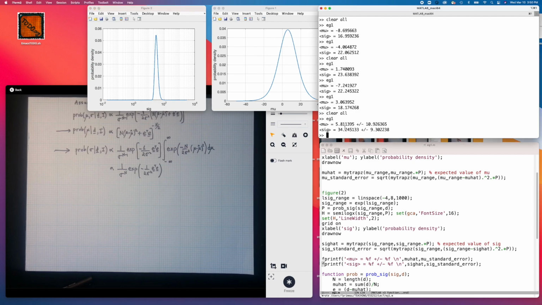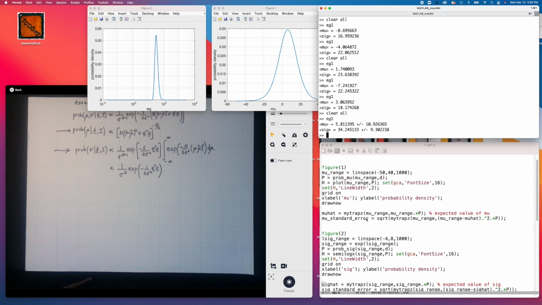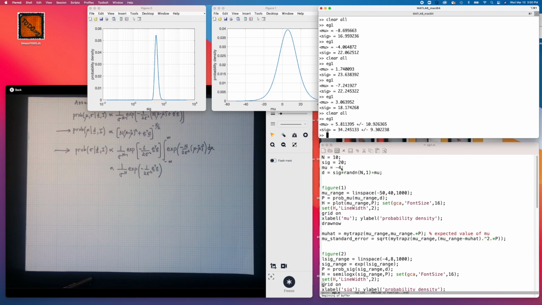All right, so for mu, I got 5 plus or minus 11, and the true value was minus 4, so that's pretty good. The error bar seems much wider in this case, but it's fine.